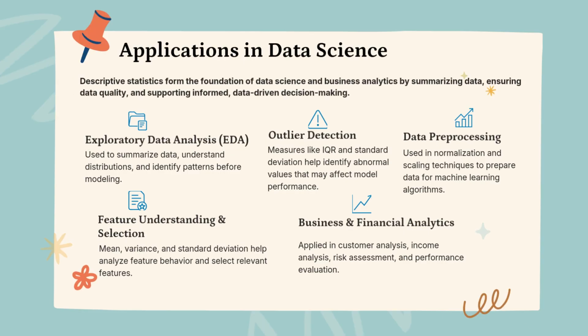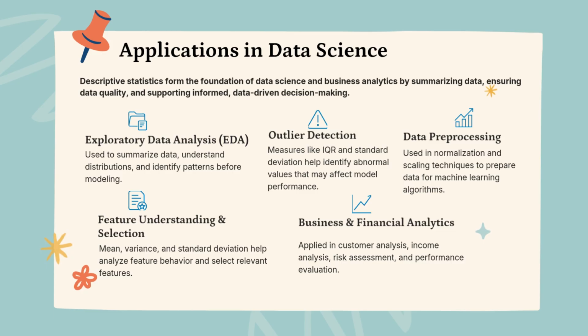Descriptive statistics play a crucial role across multiple stages of the data science pipeline and business analytics. In exploratory data analysis, they help summarize datasets, understand distributions, and detect patterns before building models. For outlier detection, measures like IQR and standard deviation identify abnormal values that may negatively impact model performance.